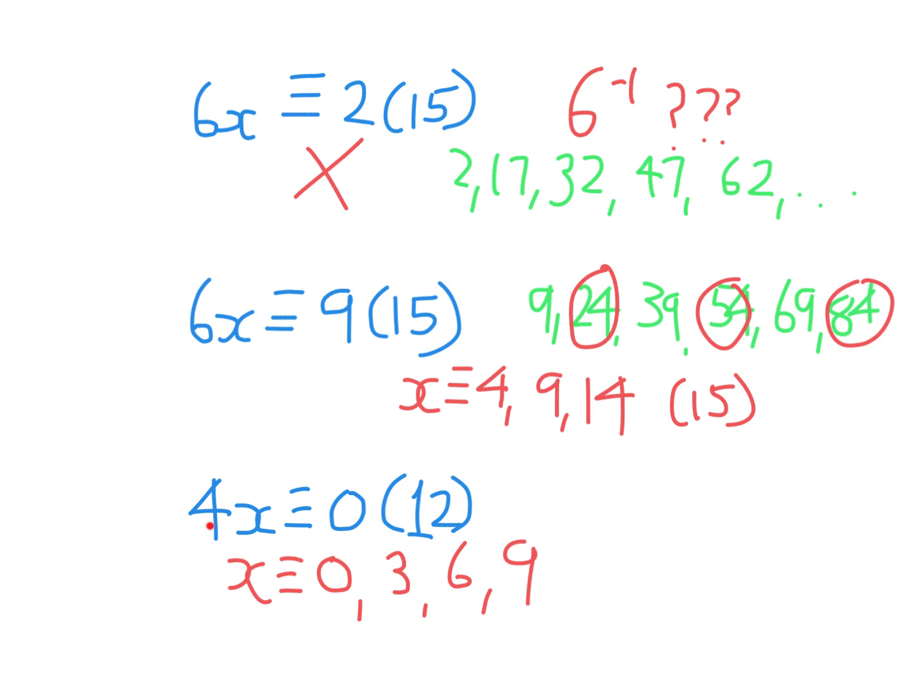So once again, 4 is not coprime to 12. 4 doesn't have an inverse. So when this coefficient of x does not have an inverse, sometimes you get no solution, sometimes you get heaps of different solutions, and it's not always immediately obvious how many solutions there will be. So that's why we're going to end up doing a lot of work in prime modulus.